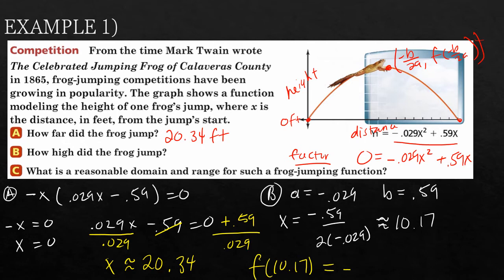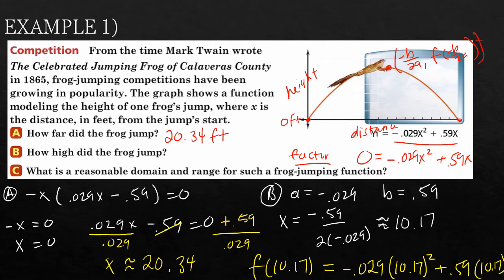So we have negative 29 thousandths times 10.17 squared plus 5.9 hundredths times 10.17. So we plug all of that into the calculator. When you plug it all into the calculator, you're going to follow your order of operations. We're going to square first. So when we square first, what do we get?